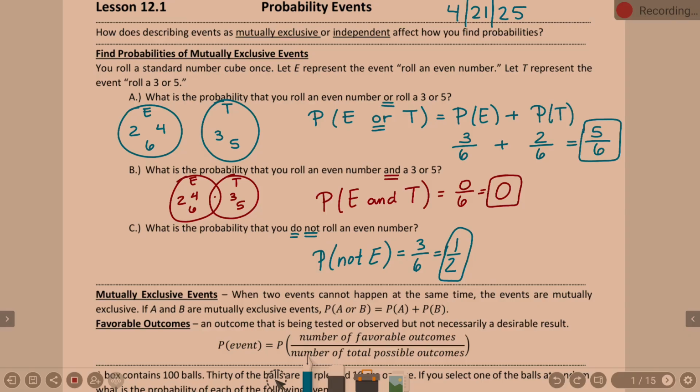So, basic probability knowledge, the probability of an event is the number of favorable outcomes over the number of total possible outcomes.